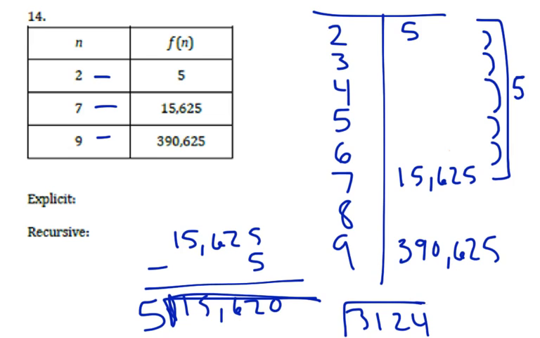That would be the number we'd be adding by. So let's test it. 5 plus 3124 equals 3129, plus 3124 equals 6253. Do it again. We get 9377.